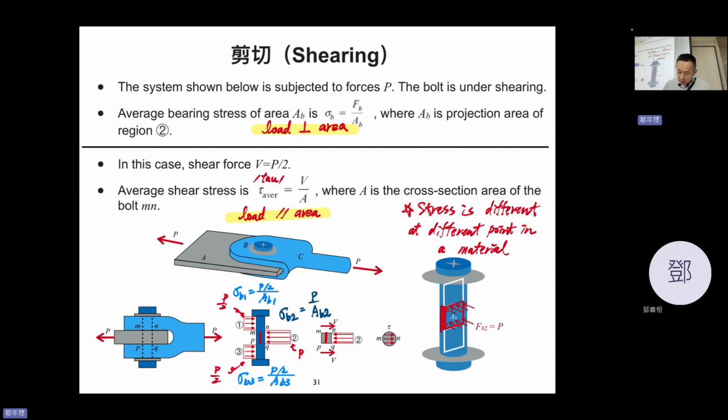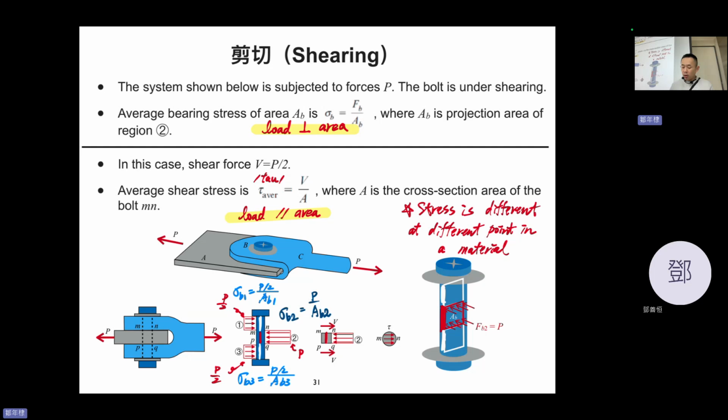If I draw white and white, it corresponds to the white region here, and the red region here. This red line corresponds to this one, and the white lines correspond to these two lines. That's how I explain the bearing stress.